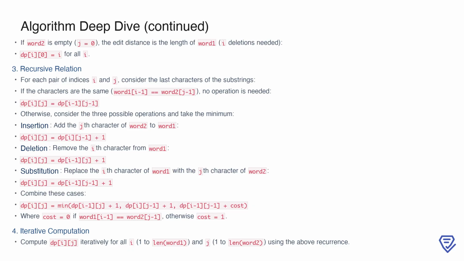For deletion, we remove the ith character from word1, making the cost dp[i-1][j] plus 1. For substitution, we replace the ith character of word1 with the jth character of word2, making the cost dp[i-1][j-1] plus 1. Combining these cases, we take the minimum of the three values: dp[i][j] equals min(dp[i-1][j] plus 1, dp[i][j-1] plus 1, dp[i-1][j-1] plus cost). Here, the cost is 0 if the characters match, and 1 otherwise.